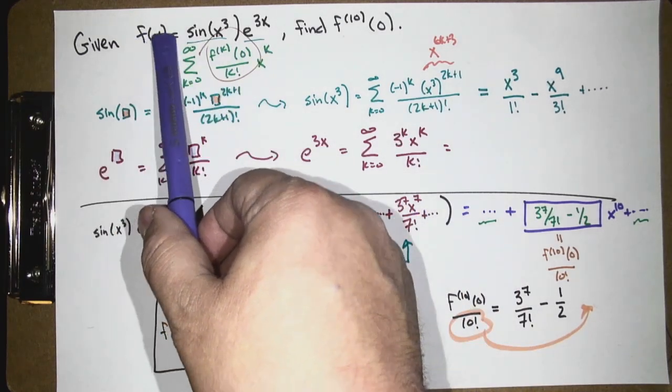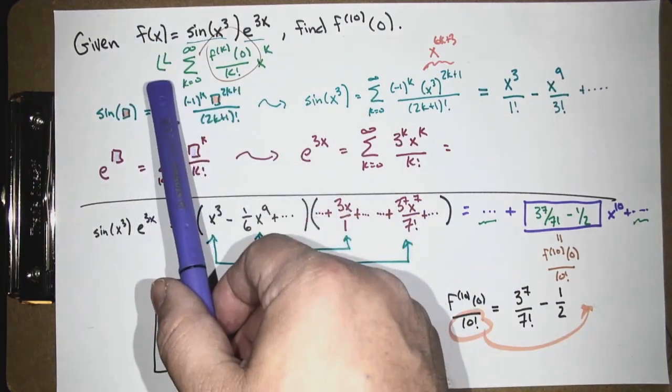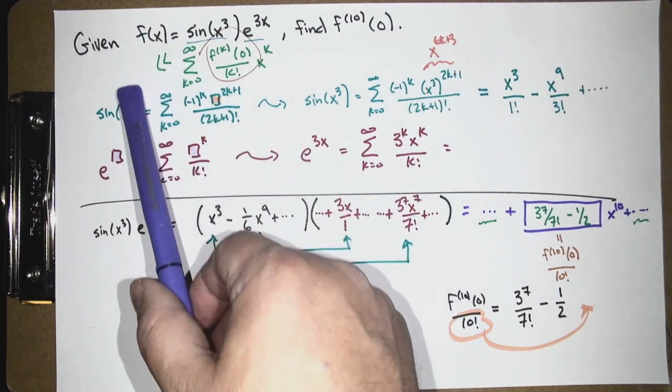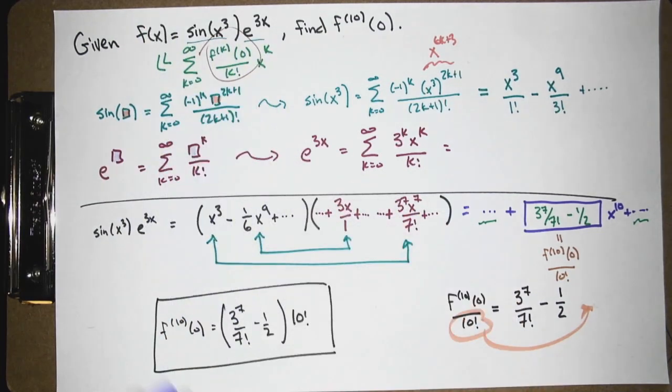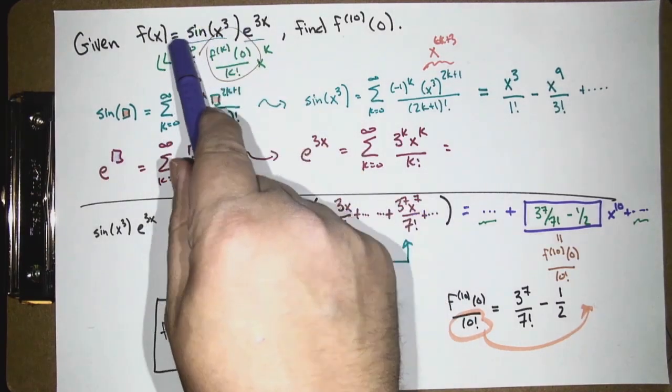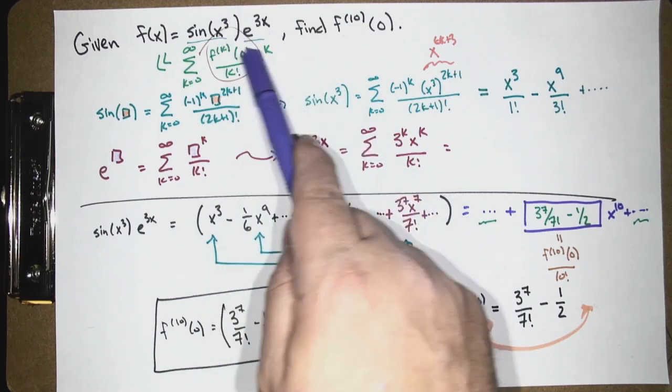Well, so we're saying that our original function, why are we allowed to do this? Our original function we can write as a Taylor series, which says it's a polynomial. And if you think about it, change your mindset. Think about everything looking polynomial. So we say, hey, sine of x cubed is a polynomial, e to the 3x is a polynomial.